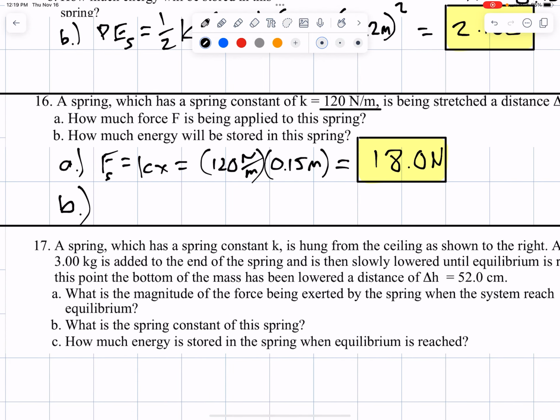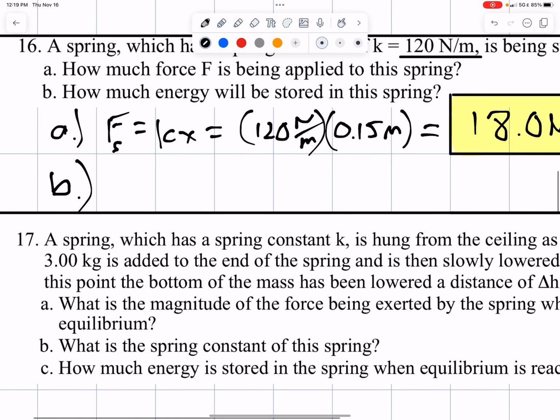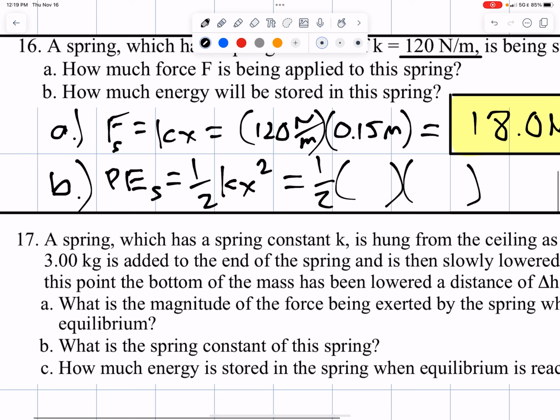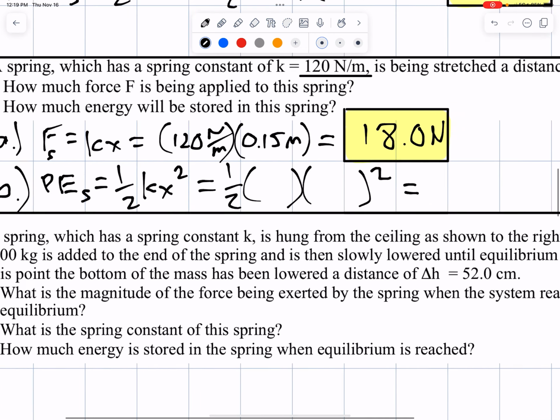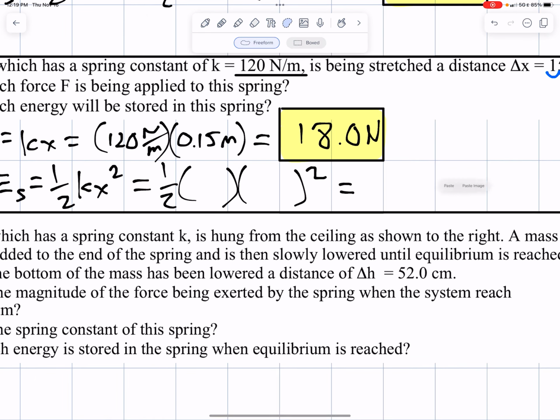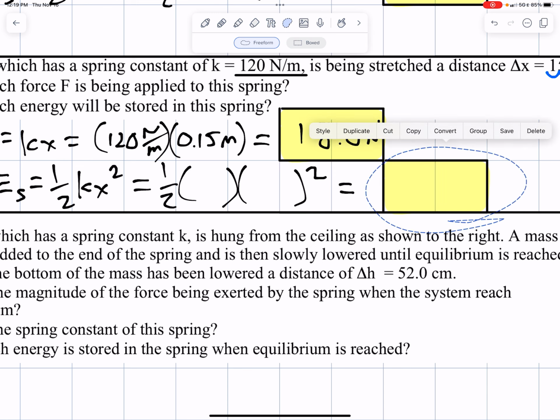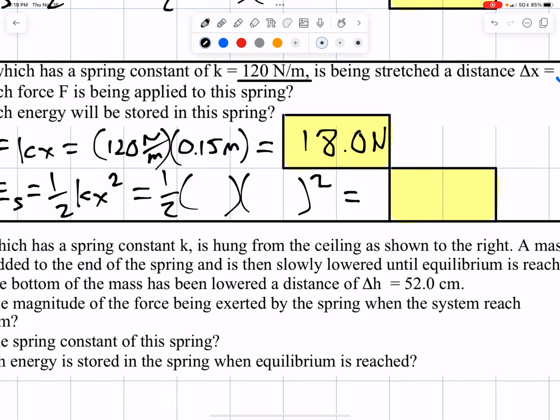Okay, part B. How much energy? Okay, well, we're talking about elastic or spring potential energy. 1/2 K times x squared, that's what we're plugging into. Okay, well, K we saw was 120 newtons per meter, and X was 0.15.